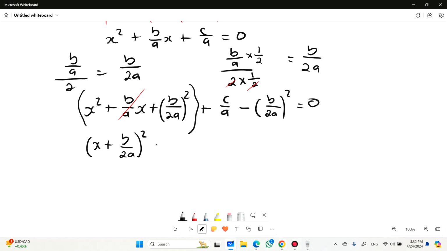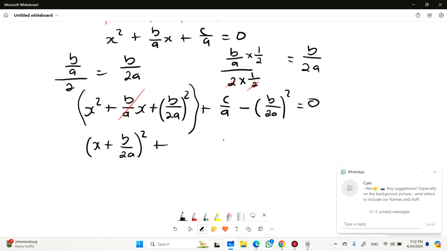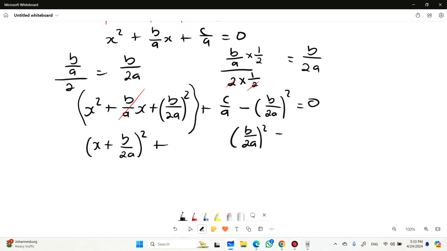squared, and then plus I have to add these two here. Notice that b over 2a squared is basically equal to b squared over 4a squared. So you get c over a minus b squared over 4a squared. Then you just add using algebra.